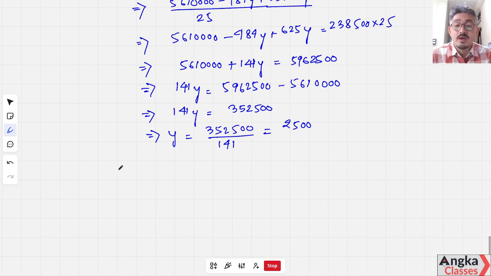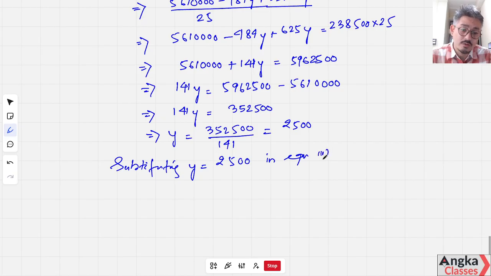Now substituting y is equal to 2500 in equation 3, by the substitution method, we have x is equal to 255,000 minus 22y upon 25.